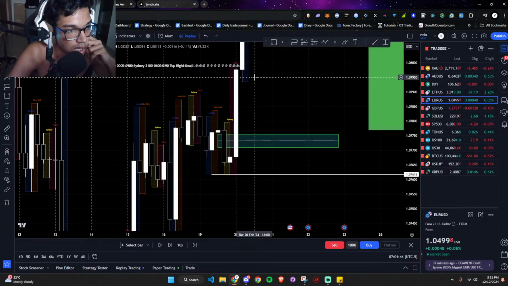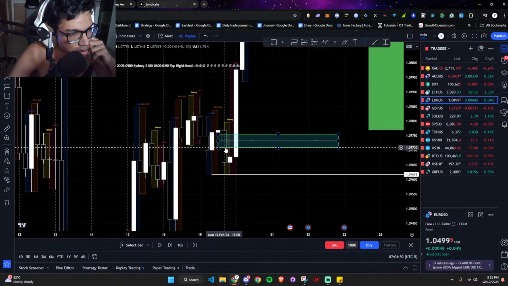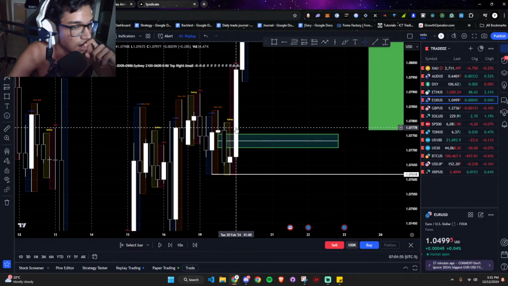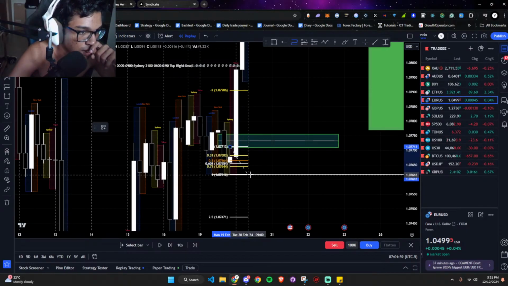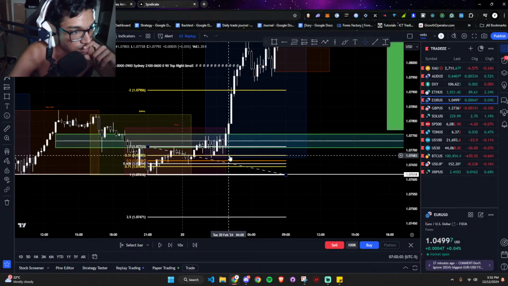So as far as I'm concerned, you can, but you have the sweep of liquidity, you have this inverse fair value gap holding, but this candle, because it swept the liquidity, right? If it's holding 0.5, I would expect it to hold.